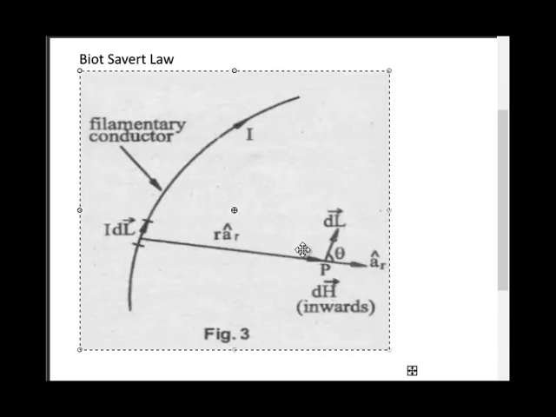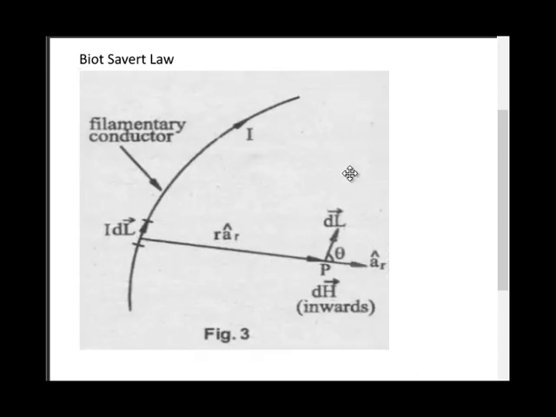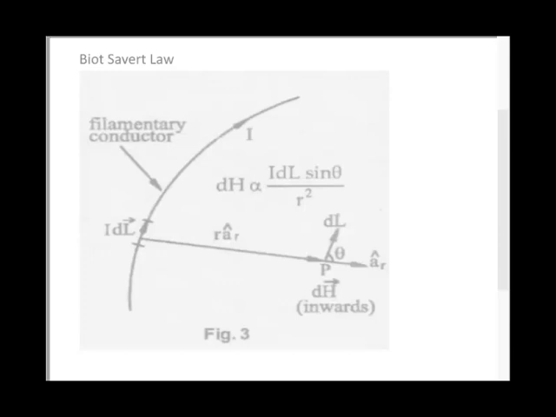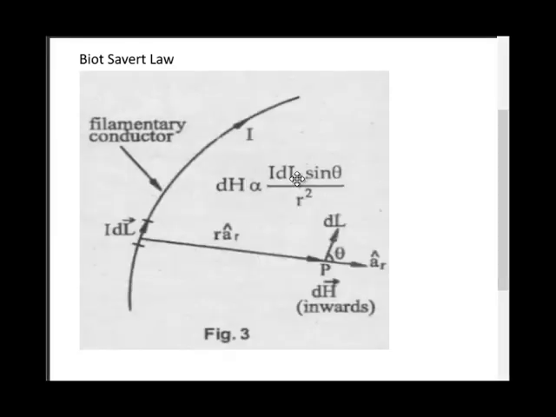So the formula will be dH proportional to Idl sin theta upon r squared. If we replace the sign of proportionality, we get a constant whose value in SI units is 1 upon 4 pi. So the formula becomes dH equals Idl sin theta divided by 4 pi r squared.